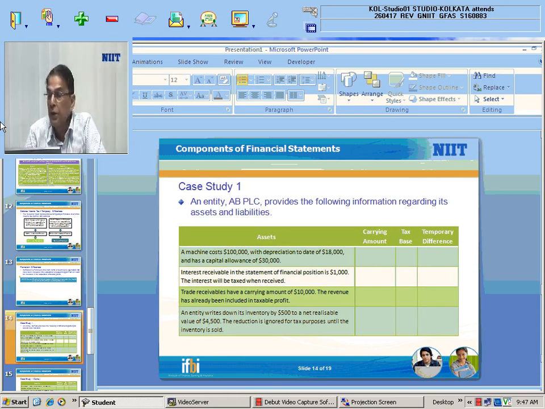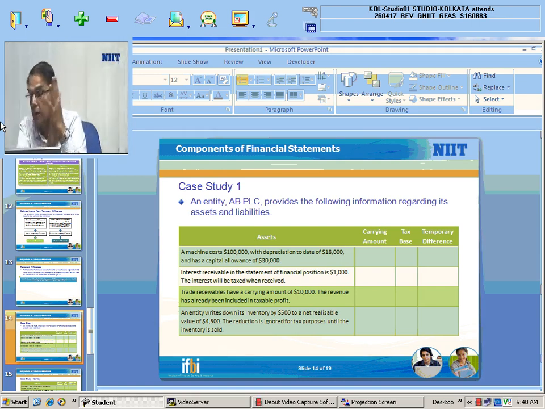A machine costs 100,000 with depreciation to date of 18,000 and has a capital allowance of 30,000. So what will be the temporary difference? The machine costing 100,000 is the original value of the asset. Accumulated depreciation to date is 18,000. So the carrying value of the asset in the balance sheet is 100,000 minus 18,000, so carrying amount is 82,000.